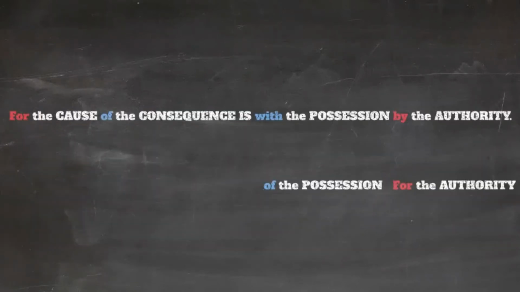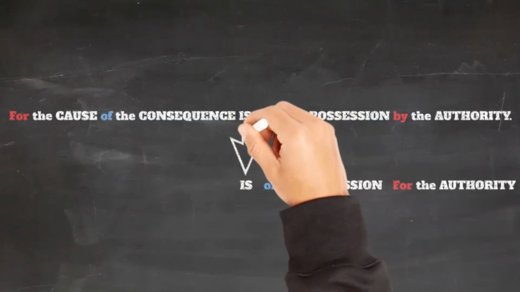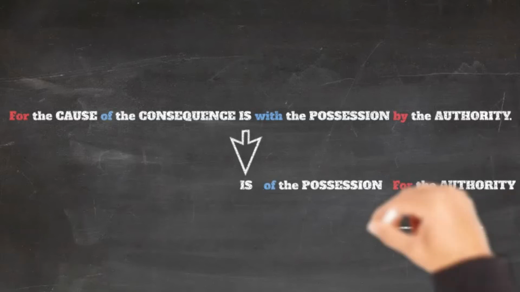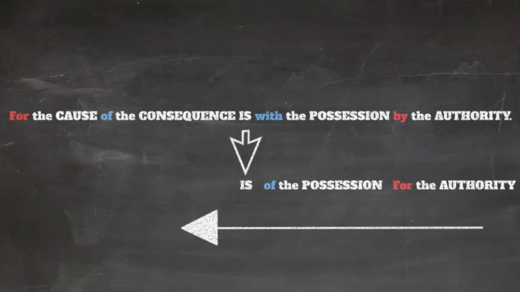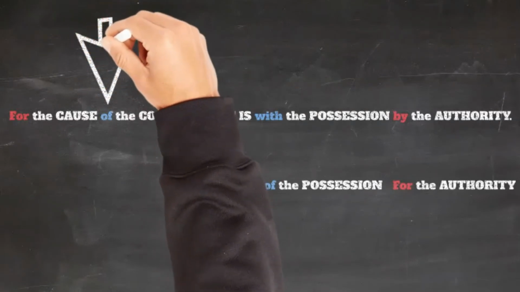So after the cause and consequence, the verb of the volition is placed, because the verb is cause and consequence. We can't have cause and consequence without thinking. For the authority of the possession is. Now looking at of the consequence.